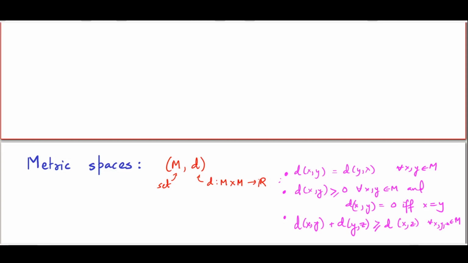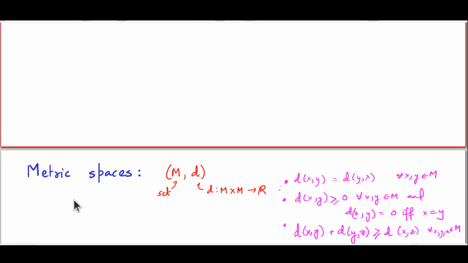This is called the triangle inequality for the simple reason that this is a generalization of our standard Euclidean geometry result that the sum of two sides of a triangle is always larger than or equal to the third side. Note that on the real line, the modulus function has all the necessary properties of the distance function d.